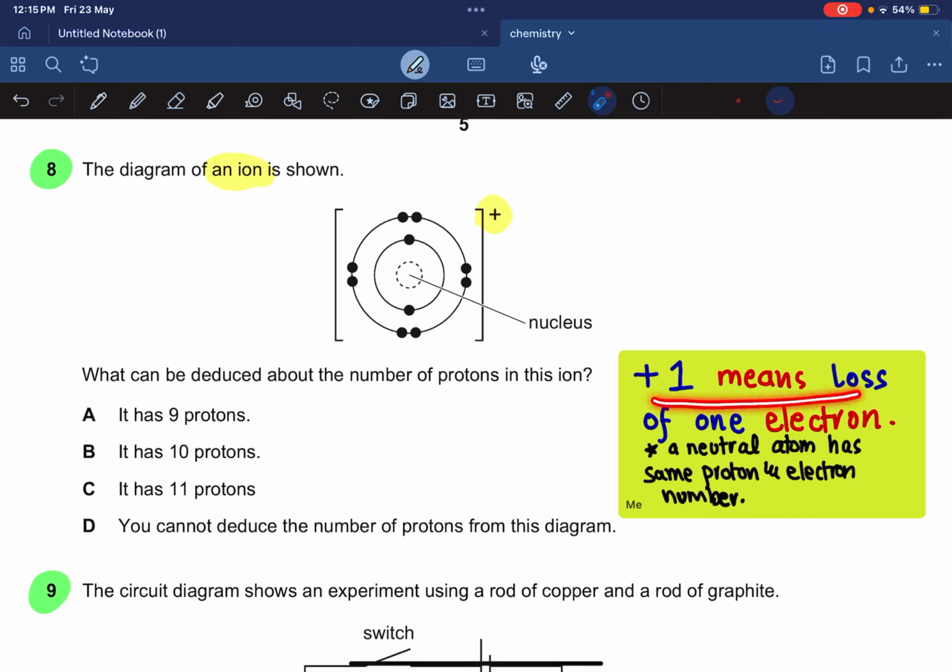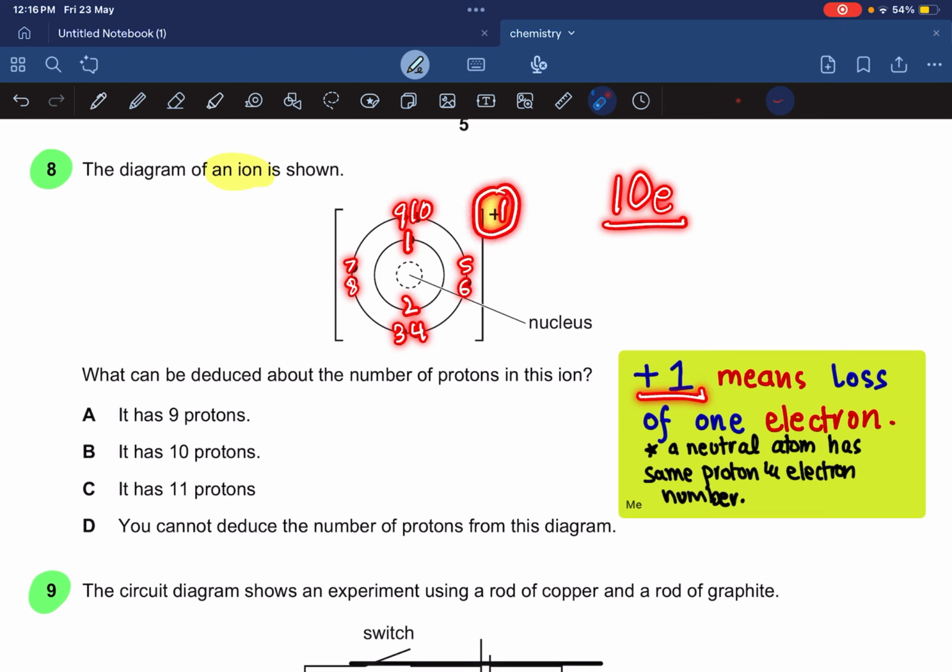And a +1 means loss of 1 electron. That means that, let's first count the electrons. 1, 2, 3, 4, 5, 6, 7, 8, 9, 10. We have 10 electrons, and we have a charge of +1, meaning we lost 1 electron. Before losing one electron, how many electrons would we have?